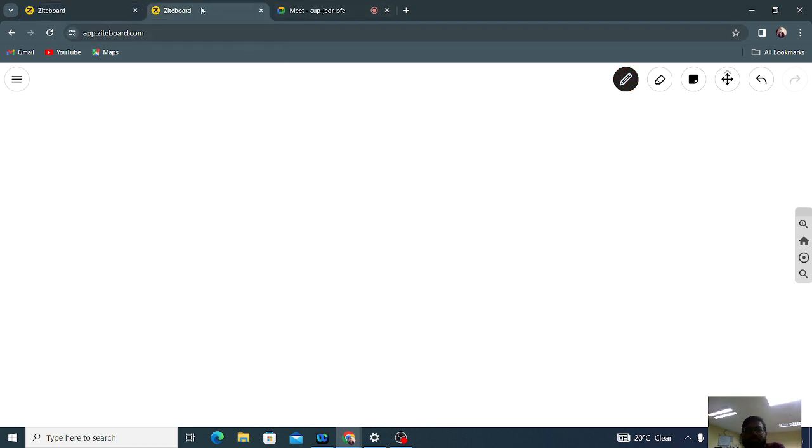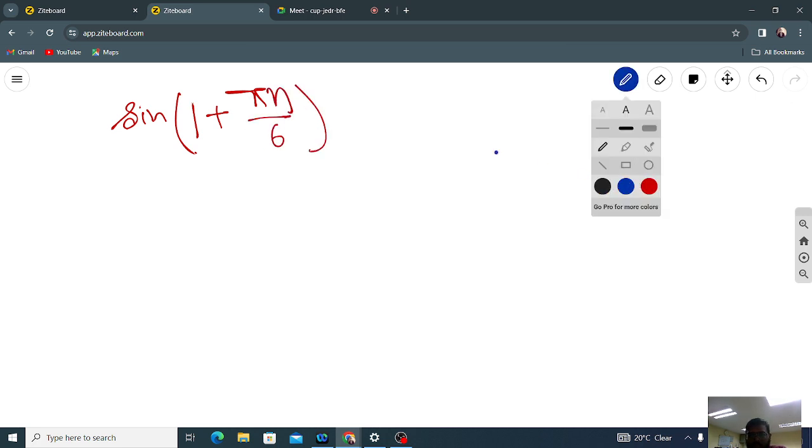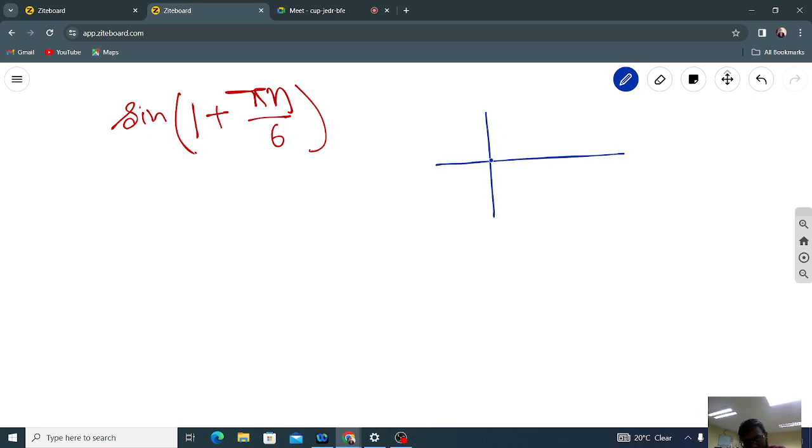Okay, so just let me solve it. So the signal is sine of 1 plus pi n by 6. Now when we want to say a signal is periodic, suppose we have to judge whether the signal is periodic or not.